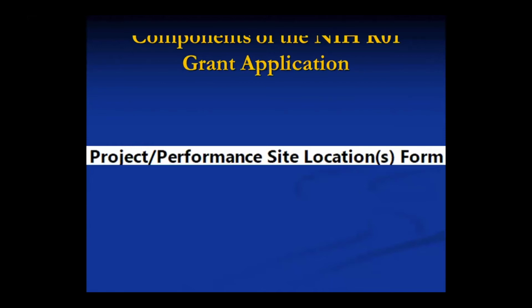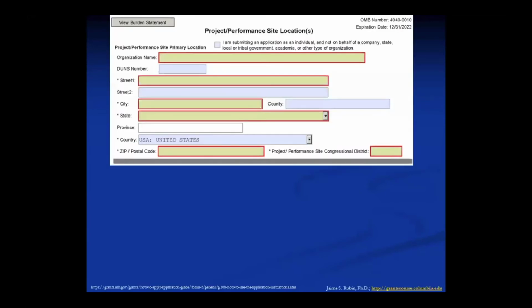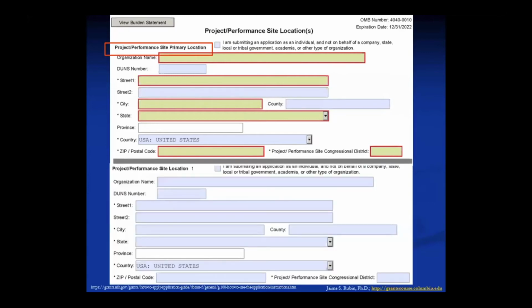The project site or performance site. So there's the primary location, which is most likely your institution, and your research administrator can help you fill this out. Now, in some cases, there might be another location. You might have co-investigators or collaborators who are at other institutions.